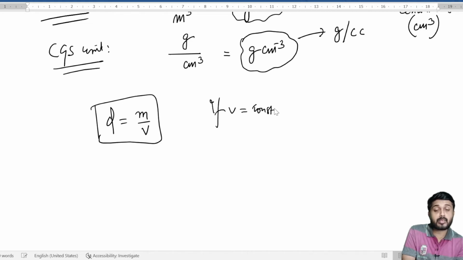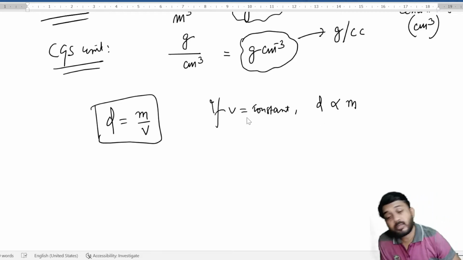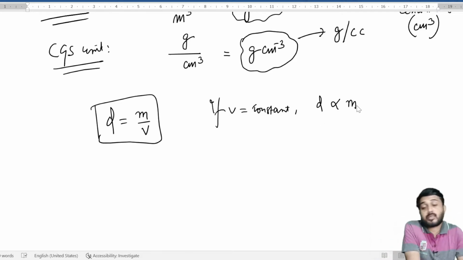Constant means simply fixed. If the volume is kept constant, then d varies as m. What does that mean? The more the mass, the more the density, right?